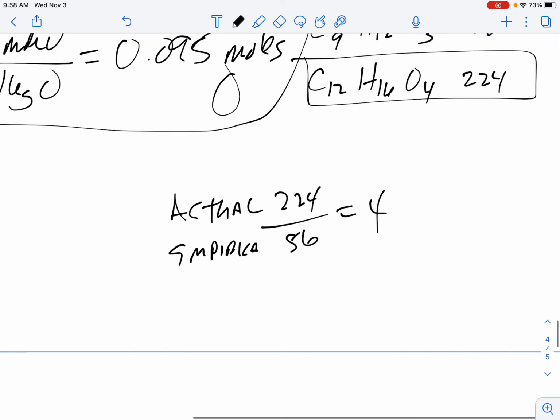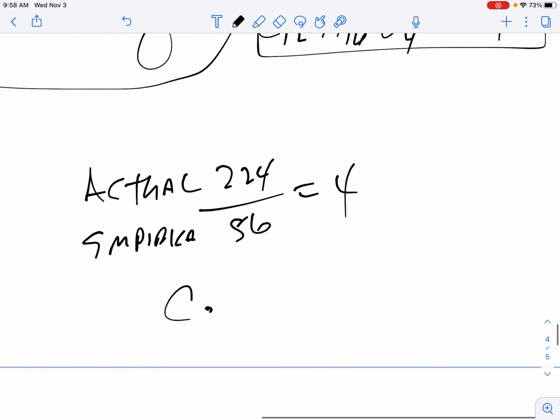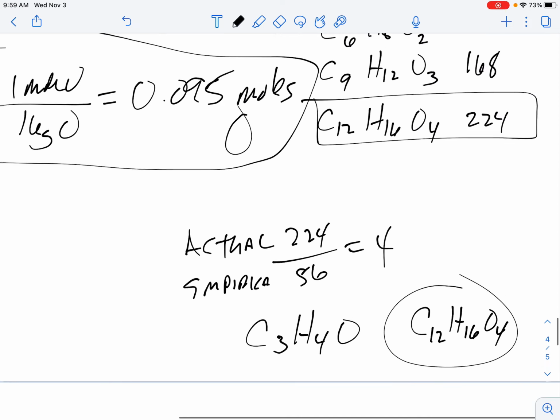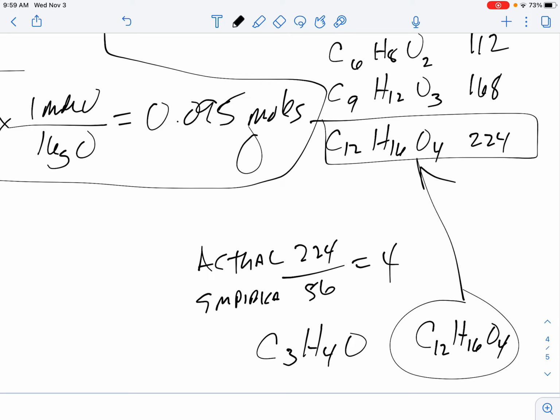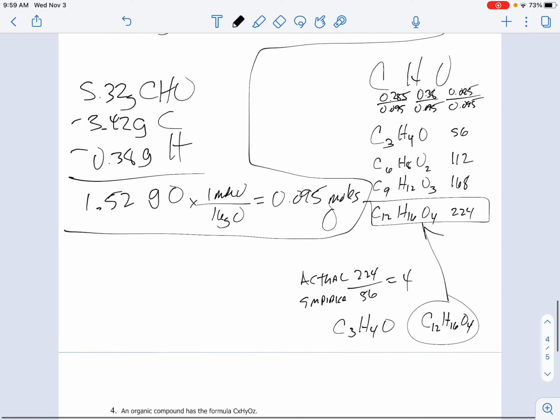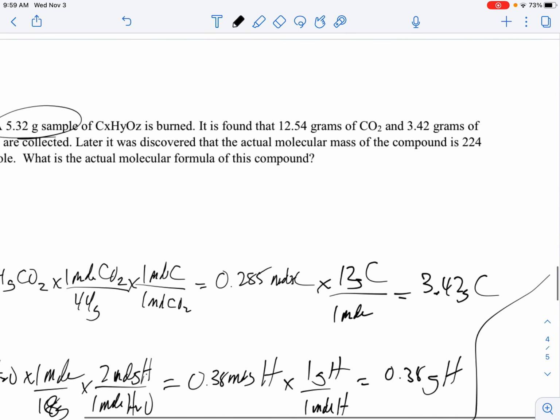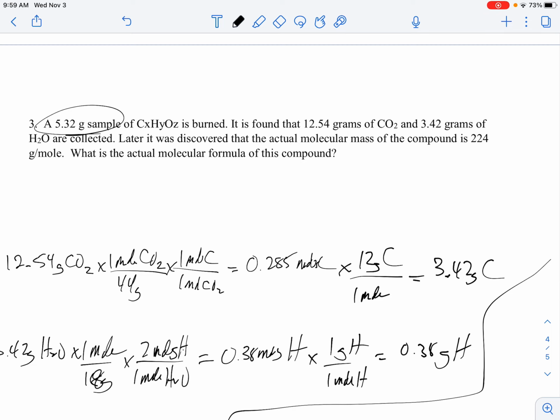Since the empirical was C3H4O, the 4th multiple of C3H4O is C12H16O4, which is what we got there. So this problem is exactly like the previous one, but we add in one last little step at the end where they tell you something beyond the empirical formula.